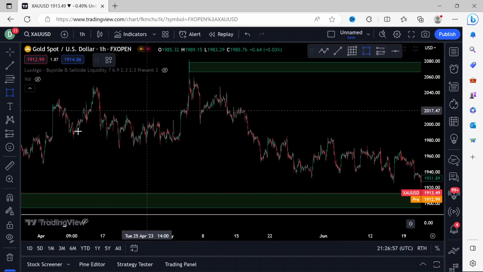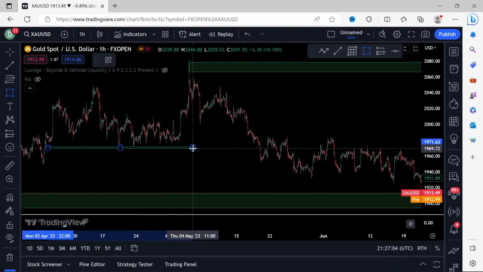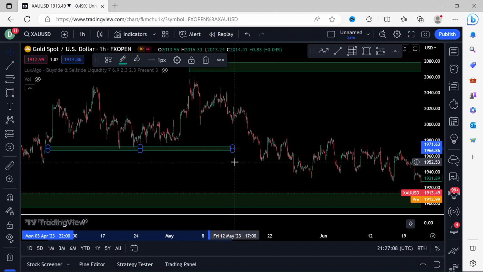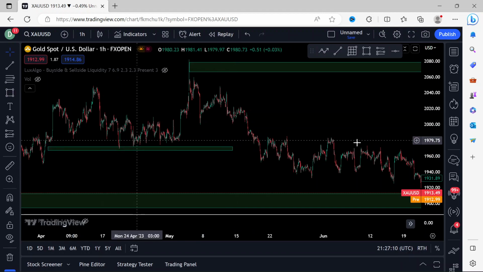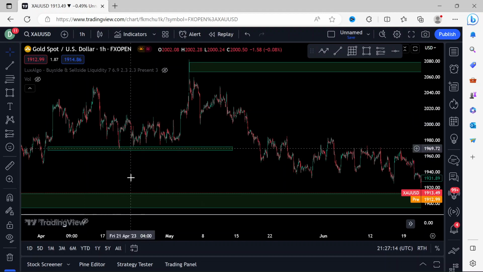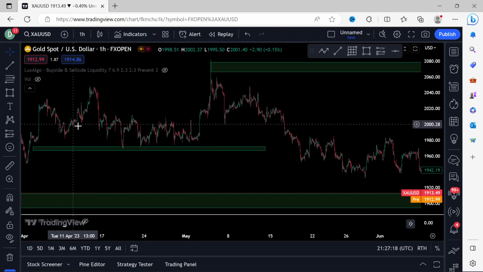That's on this particular zone. On this particular zone, price is having difficulty breaking through, causing a strong support at this zone.